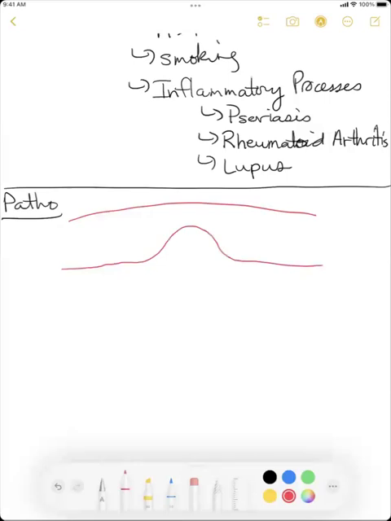In this case, this would be a coronary vessel, and there is a reduced blood flow. And that reduced blood flow may lead to ischemia.